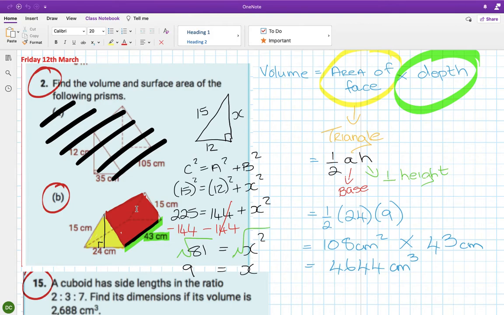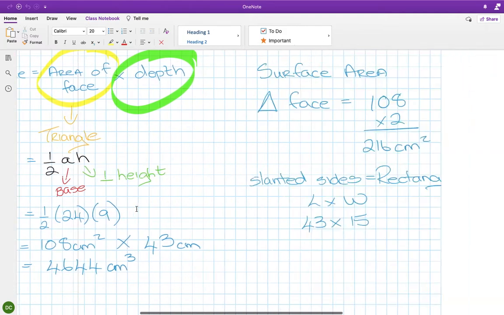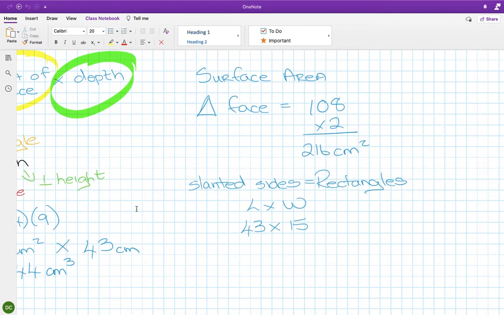So it's length by width, which is 43 by 15. And that is 645 centimeters squared. And again, there's two of them. So that's 1290 centimeters squared.